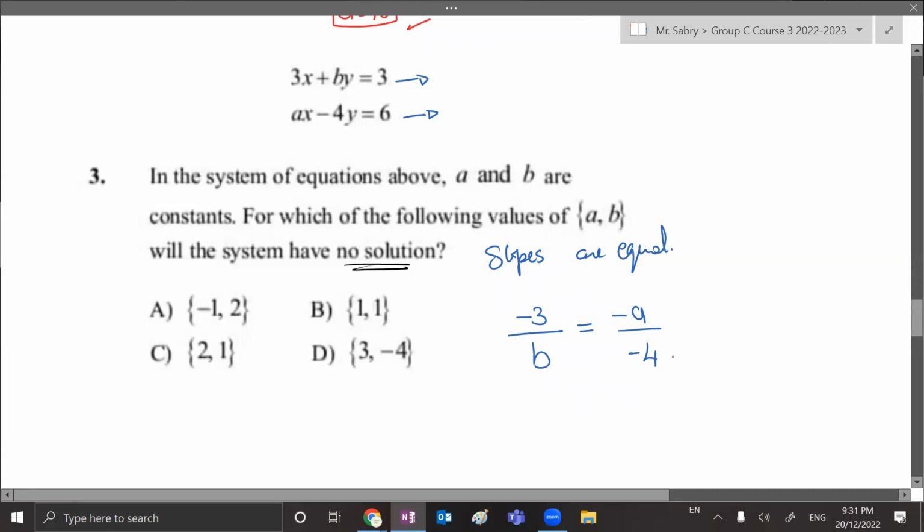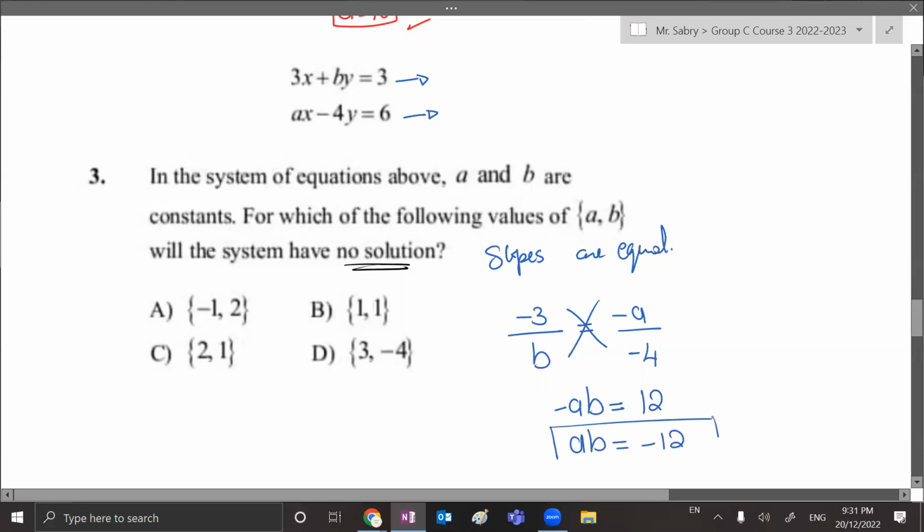Here's the question now. What can I do from here? I'll cross multiply by multiplying these two. I'll say negative a times b, which is negative ab, equals negative 3 times negative 4, which is positive 12. That means that positive ab is equal to negative 12.